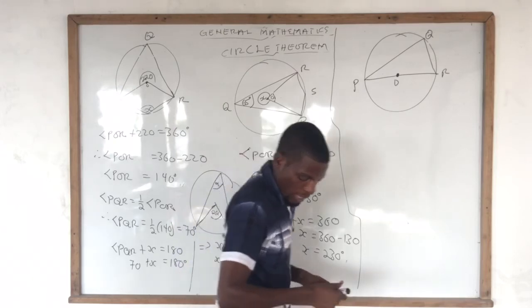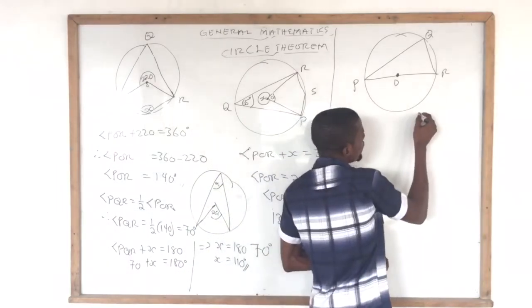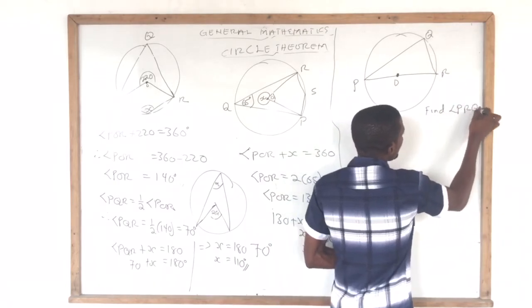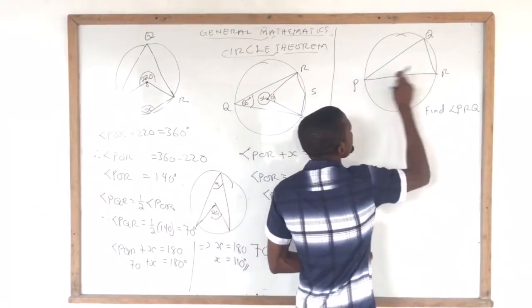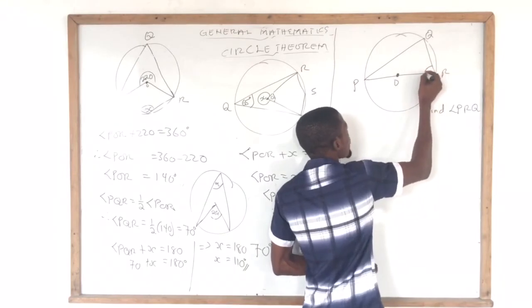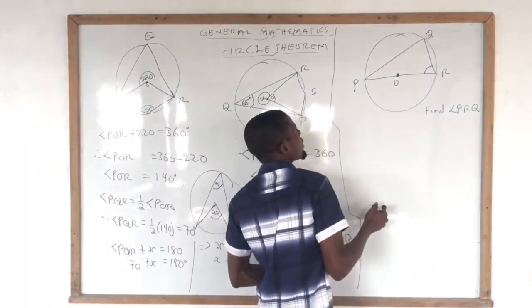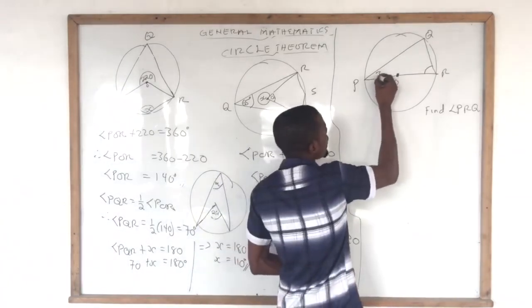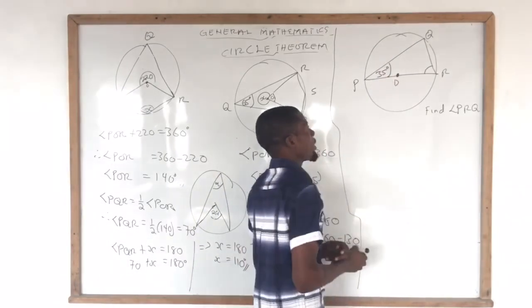Find angle PRQ. So we are supposed to find angle PRQ, okay? We are finding this particular angle, right? They gave us here to be 35 degrees.